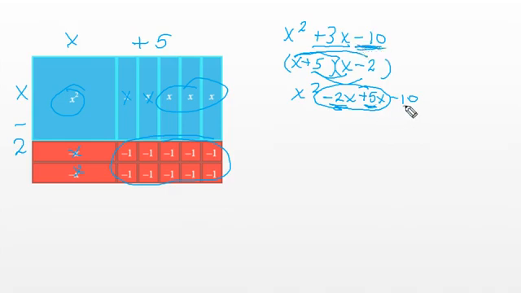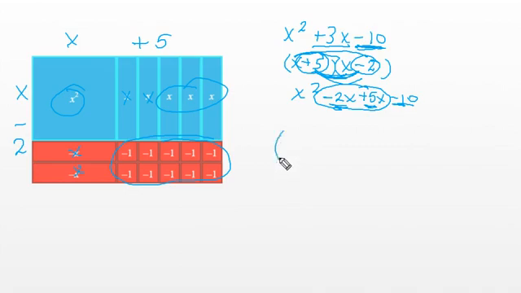I get this negative 10 by multiplying the last 2 terms in my binomial factors. So I'm multiplying this positive 5 by the negative 2 to get me this negative 10. So I have to have numbers with different signs in order to get this negative. I know that if my second term is positive, I've got to have more positives than I do negatives.